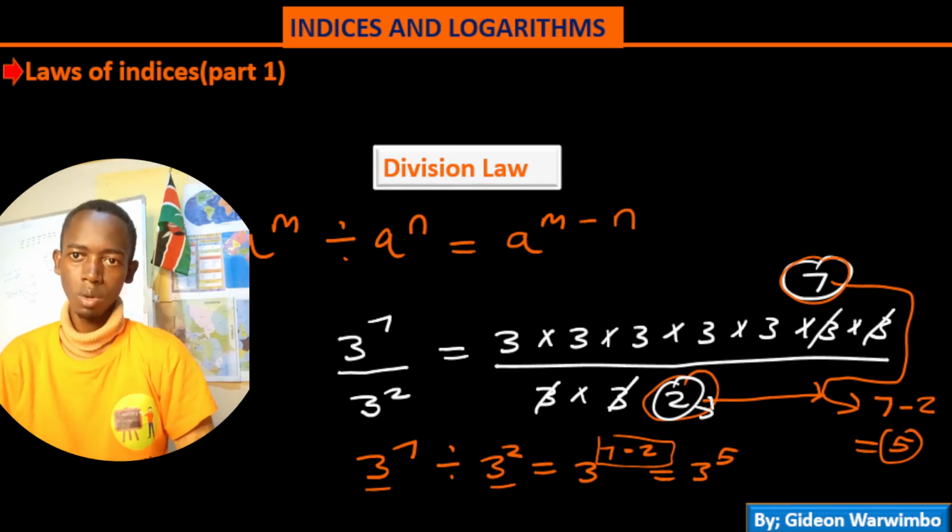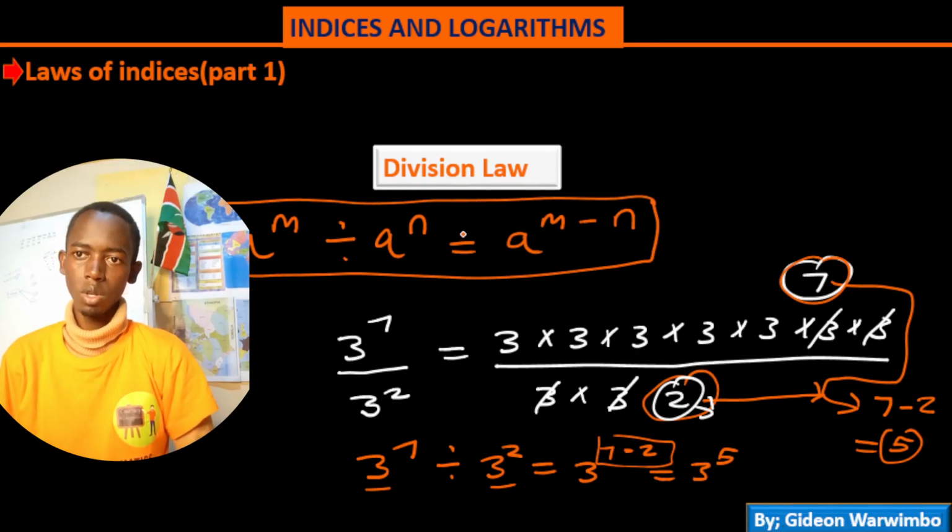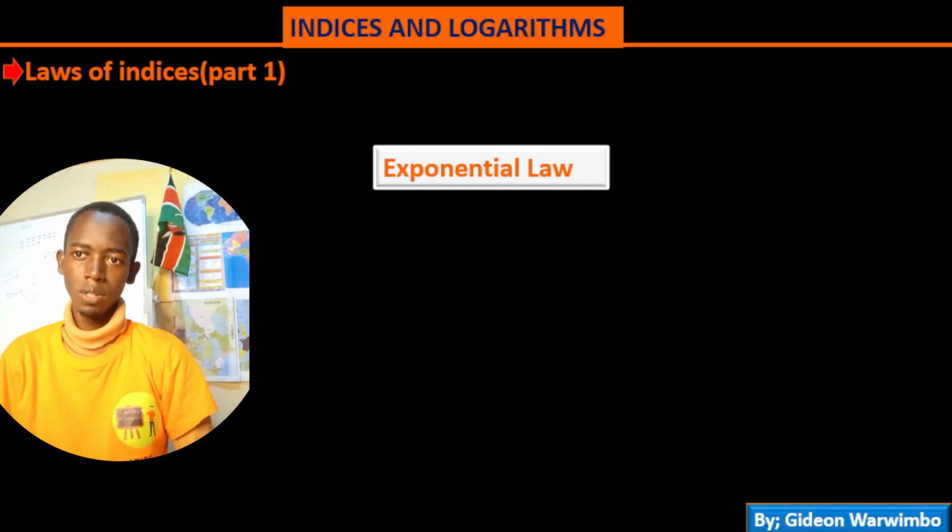This is the formula that we get for the division law of indices. Very important. Ensure that you also master it. Let's get into another law, and then from there we can do a few quizzes and some exercises together to see whether we really understood that.